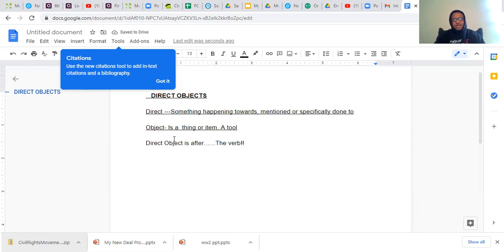Always. That is a non-exceptional principle. Some things have exceptions, but that is a non-exceptional thing. Direct objects are after the verb.